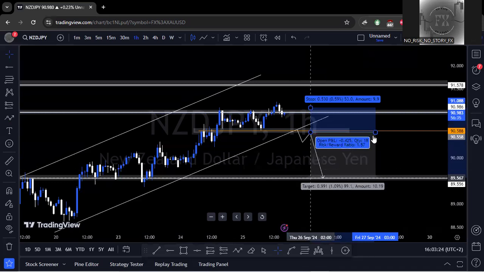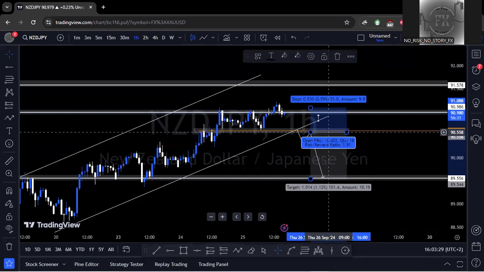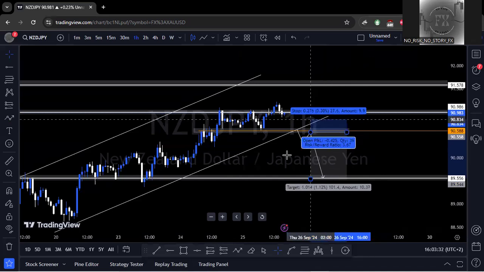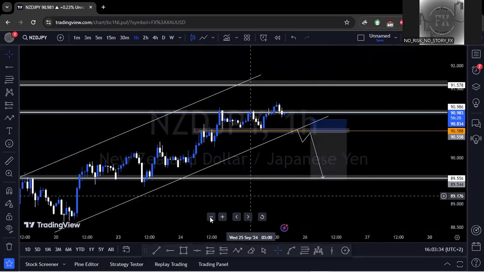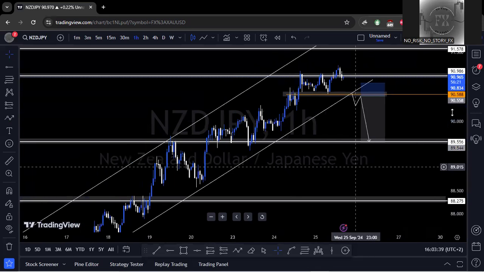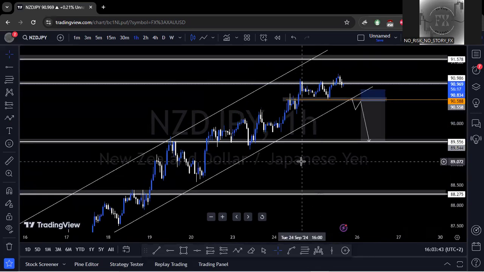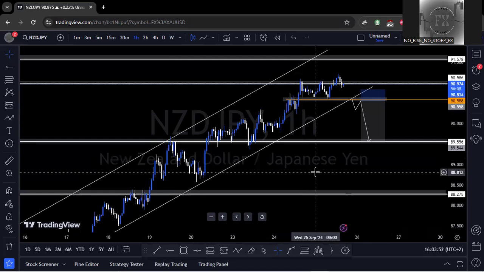I know these two pairs that I just analyzed are different. It's the British pound against the Japanese yen, and here is the New Zealand dollar against the Japanese yen. But if you see the structure of these markets, it's the same thing for me.